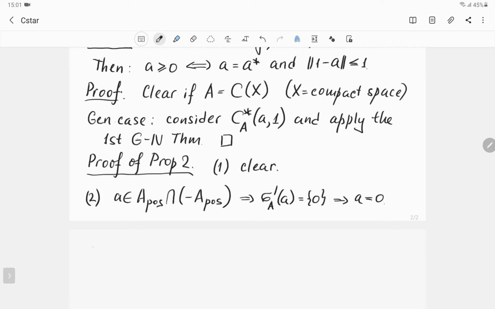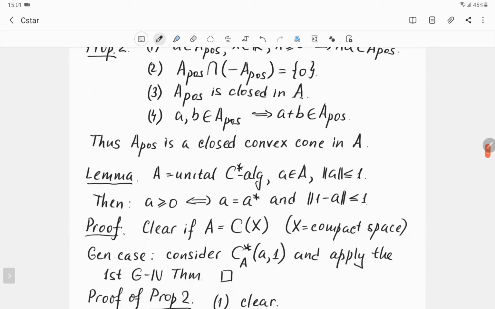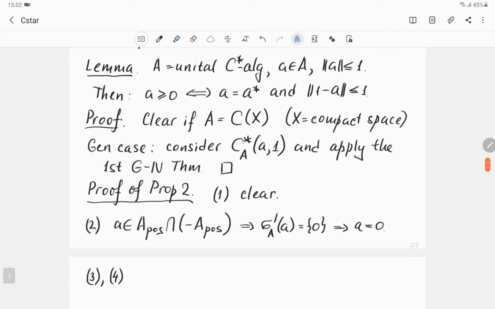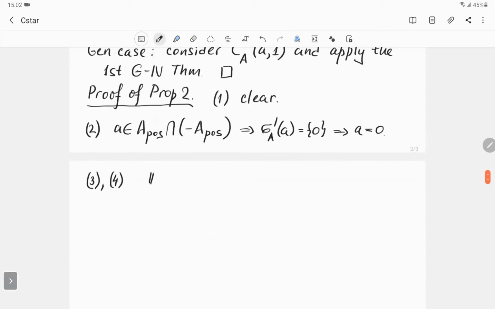And now we prove parts 3 and 4. So we want to show that the set of positive elements is closed, and the sum of two positive elements is positive. And here, this is the place where we need our lemma. So let bold B denote the closed unit ball of our algebra.